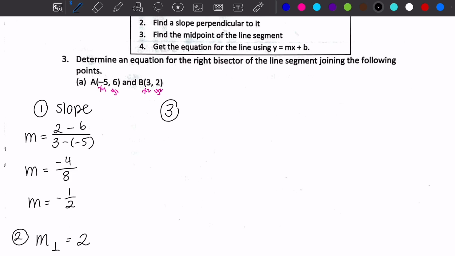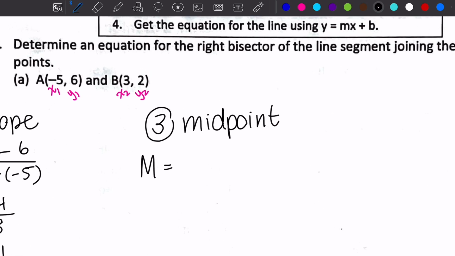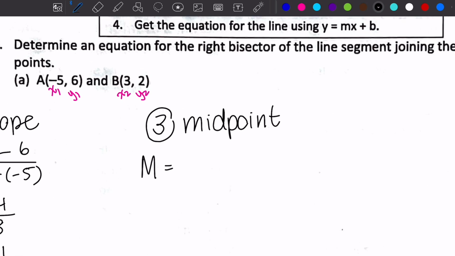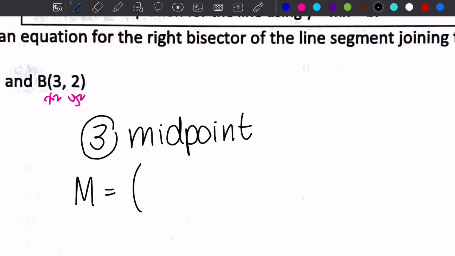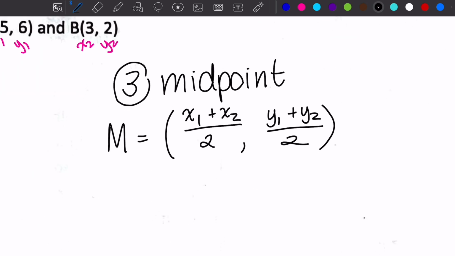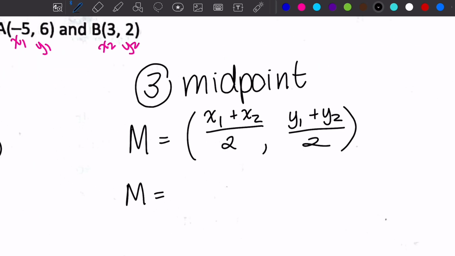Step 3, we have to find the midpoint of AB. If I find the midpoint, which is denoted by capital M, your slope is lowercase m, right? We've got x1 plus x2 over 2. I'm just plugging my same values in.